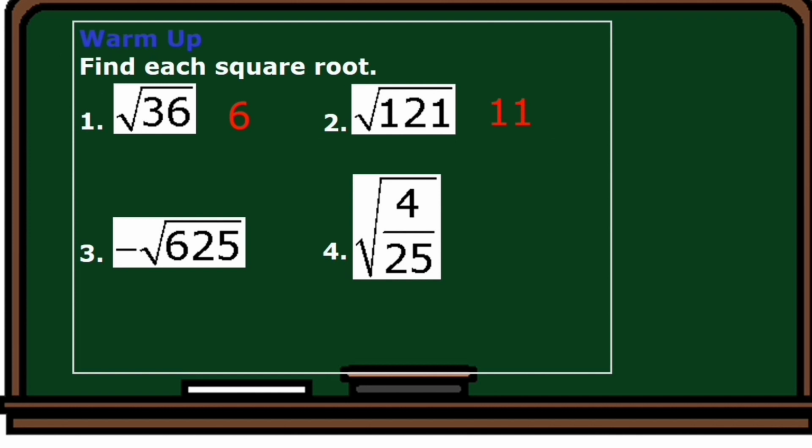Number 3. Negative square root of 625 is equal to what? Very good. It is equal to negative 25. Number 4. What is the square root of 4 over 25? Very good. It is equal to 2 over 5.